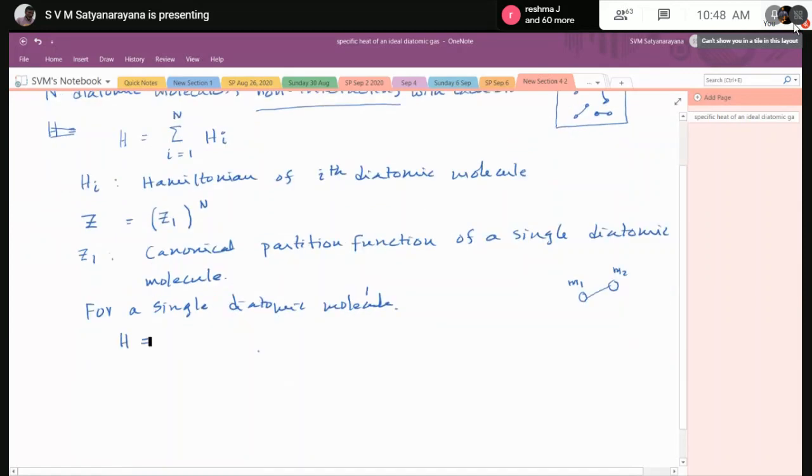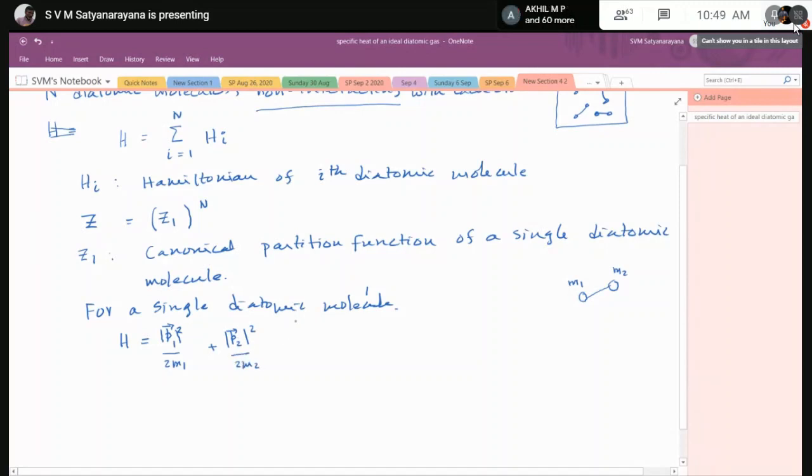I think we may have to consider the center of mass. Okay, that is fine, but let us first write down in a simple way. So let's say this is p1 squared by 2m1. This is the kinetic energy of the first particle, the modulus of p1 squared, correct? Plus you can write down p2 squared by 2m2.